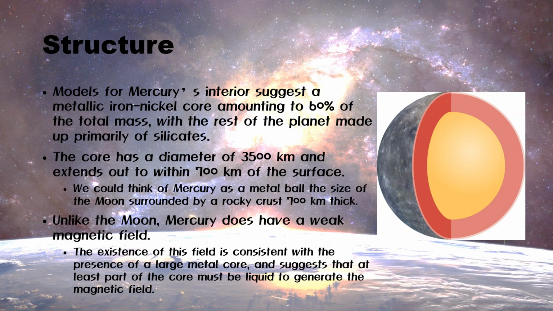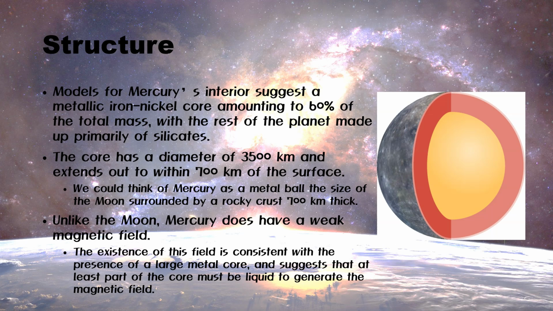Now, unlike the Moon, Mercury actually does have a weak magnetic field. Remember, the Moon doesn't have any kind of atmosphere or anything like that. But with Mercury, this very thin atmosphere does exist because, again, we have this magnetic core that we can rely on.